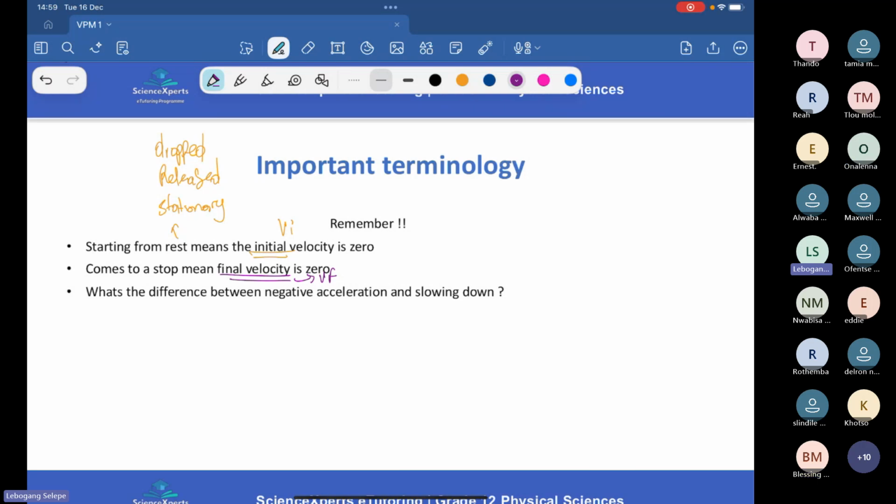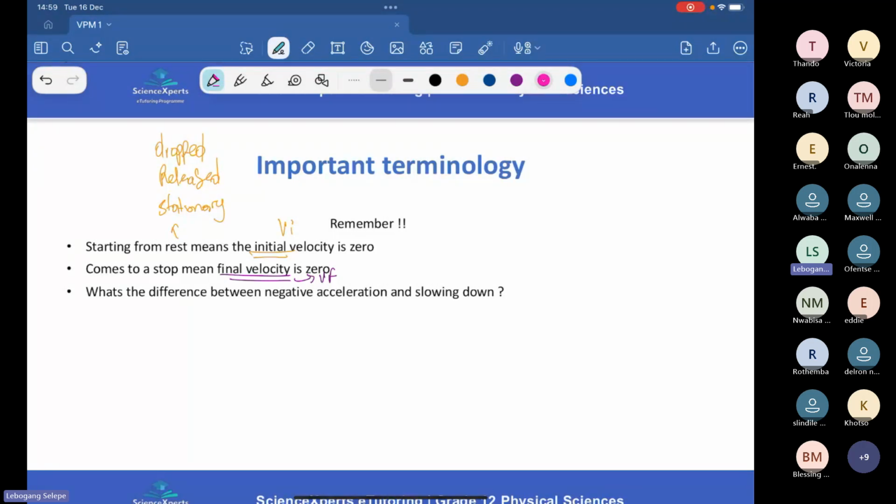All right, so now let's explain it. I'm putting it here because it's one of the misconceptions that a lot of students have. Even myself, when I was in grade 10, I only understood the difference when I was in grade 12. So the reason is, when we say that an object has a negative acceleration, that solely depends on the direction we choose as positive.